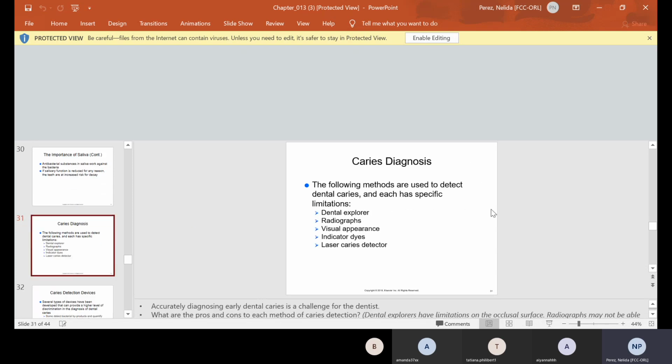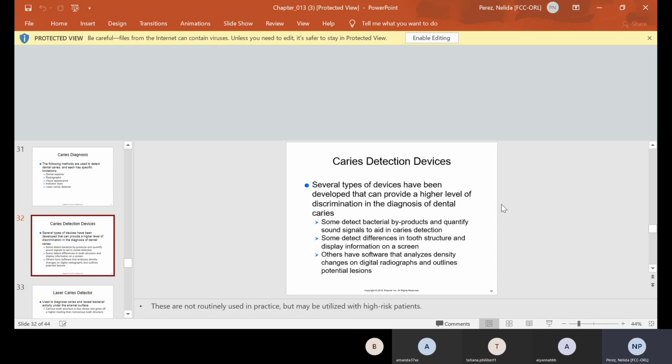Caries diagnosis. The following methods are used to detect dental caries, and each has specific limitations: dental explorer, radiographs, visual appearance, indicator dyes, or laser caries detector. Now, caries detection devices. Several types of devices have been developed that can provide a higher level of discrimination in the diagnosis of dental caries.